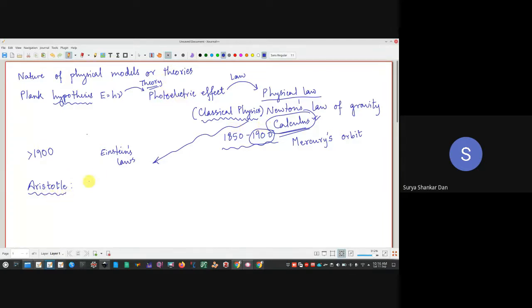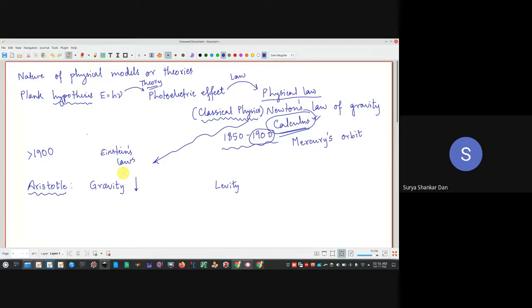What Aristotle thought is that there are only two fundamental forces in the universe. One is called gravity. What is the other force? Levity. Gravity is the force or the tendency that certain particles will always sink.